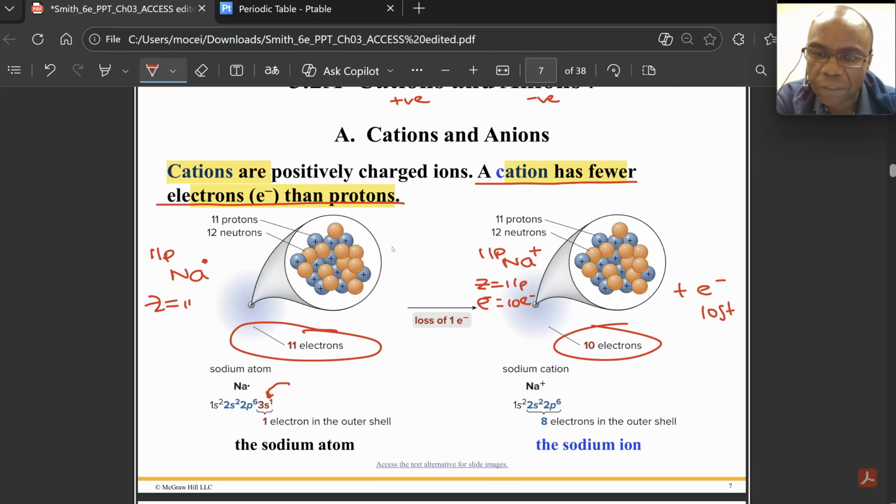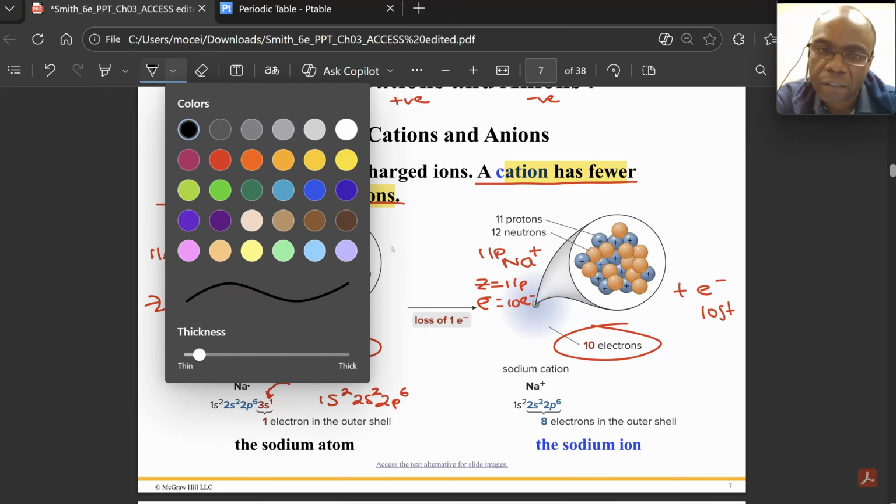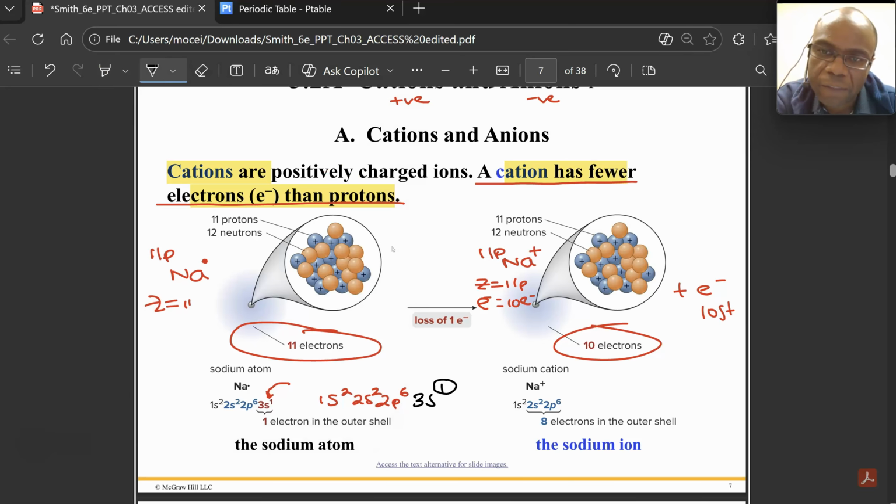Now, our electronic configuration was 1s2, 2s2, 2p6, and 3s1, the valence electron, which is why I'm just showing the 1 dot.